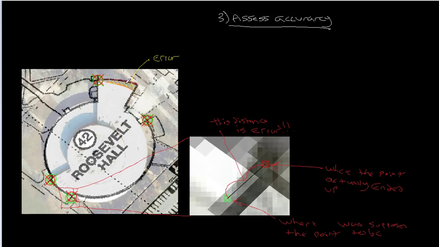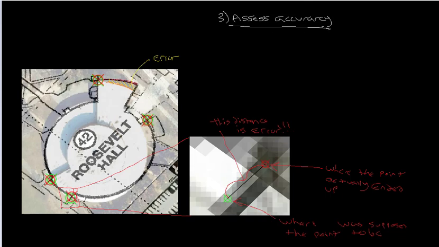And what we can do to assess the accuracy is we can actually look at individual points. And we can see where the point was supposed to be relative to where the point actually ended up. And we can calculate that distance. And that distance is a numeric representation of the error in the transformation, okay? So when we're talking about error, what we're talking about is the distance between where a point should be and where it ended up, right?